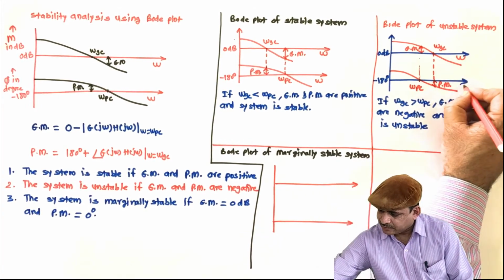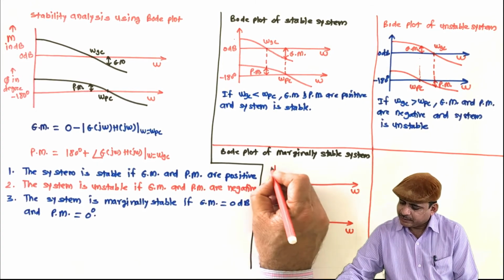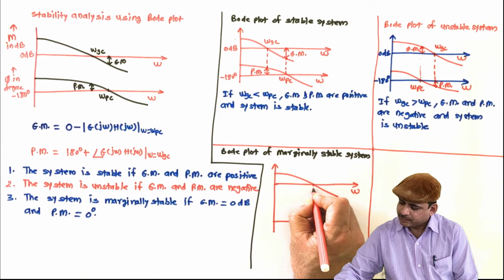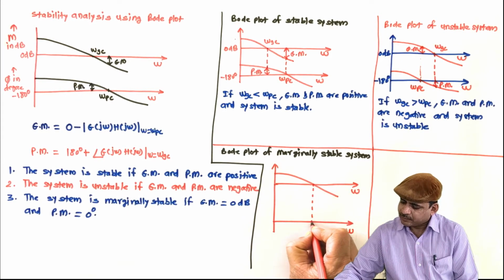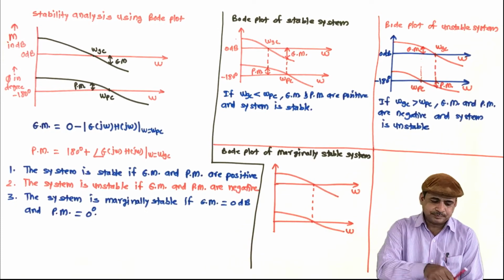This is omega, variable is omega on x axis. Let this be the magnitude plot, and this is the phase plot.